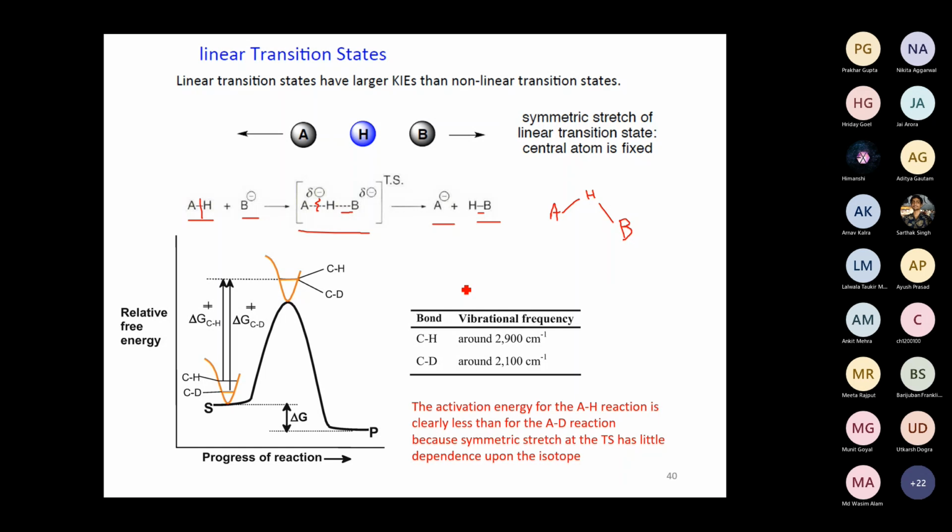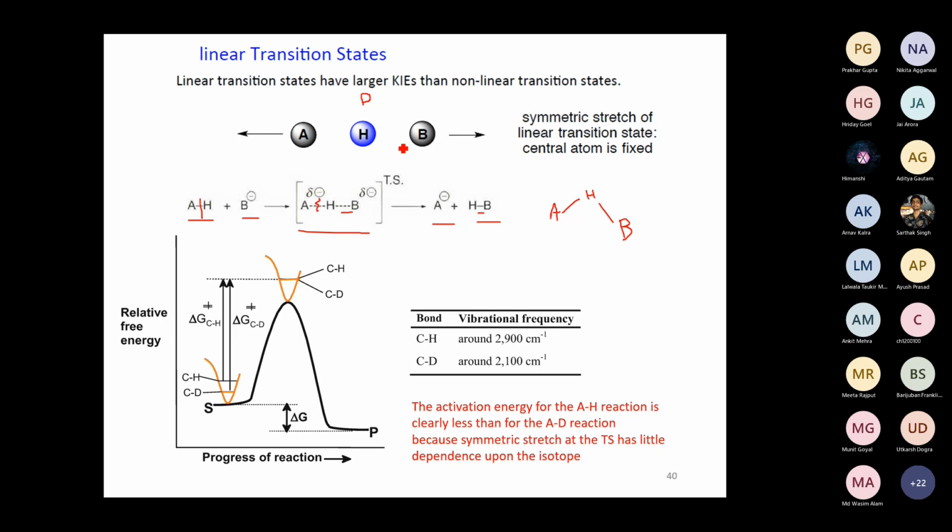So in kinetic isotope effect, what will you do? You will replace H with D and find the difference between the rate constants. When H is there, that is KH. When D is there, KD. Okay, so for the linear transition state, we are talking about vibrations, right? It is all about the vibrations.